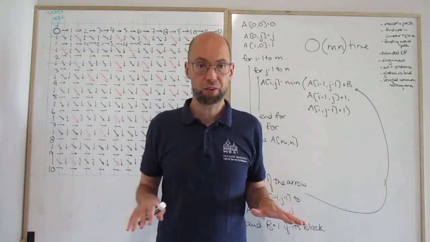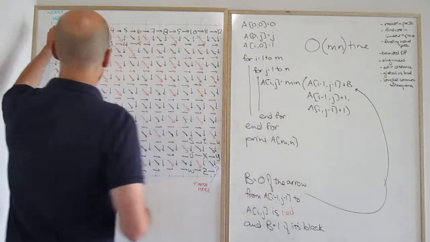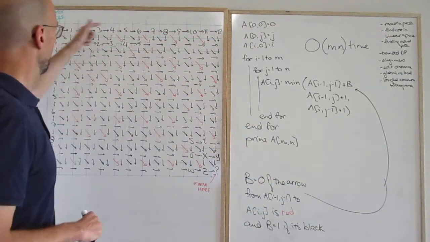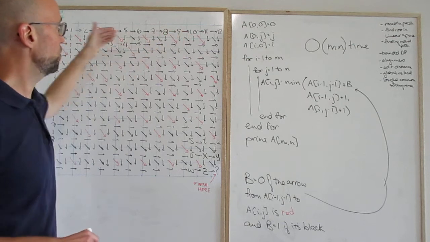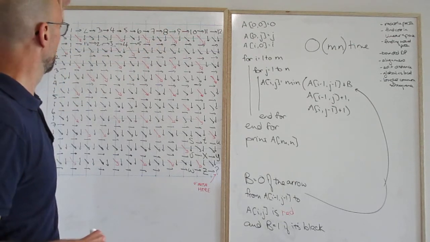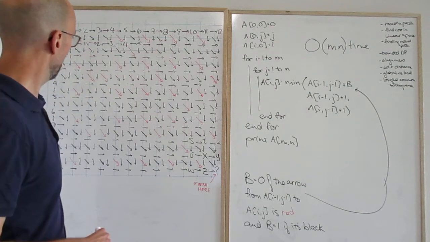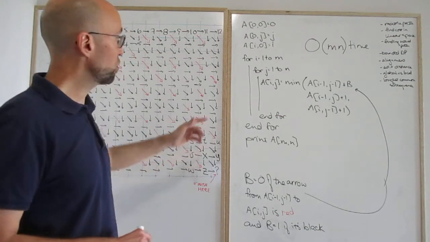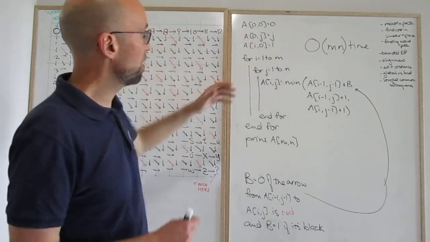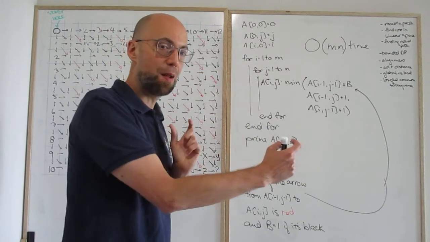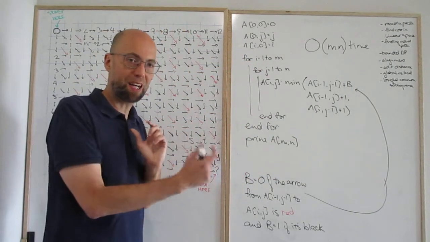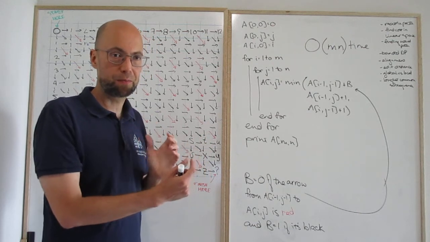But if you just want the cost, then once you've filled in the second row, you can throw the top row away. Then you fill in the third row, then you can throw the second row away. So actually, you only need a 1 by n matrix, well, two 1 by n matrices.